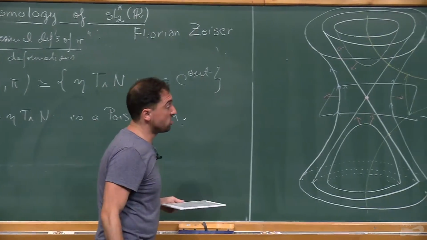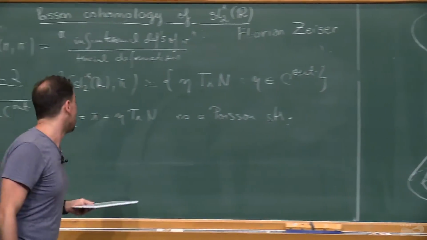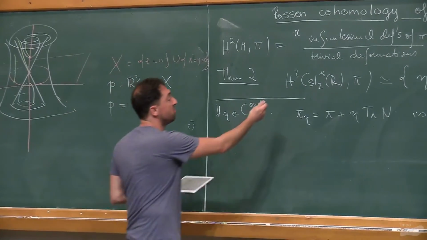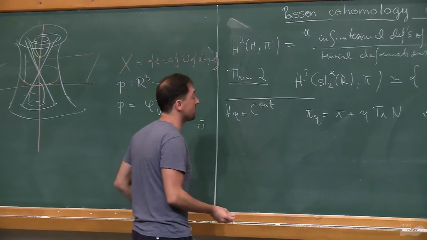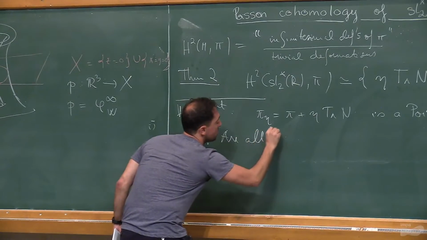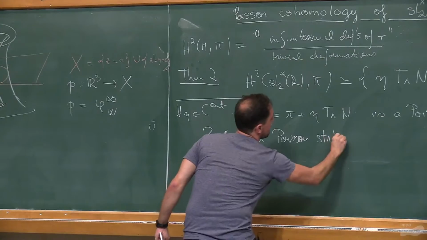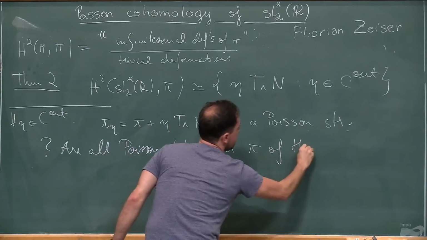But what we don't know is if these are all Poisson structures around pi. So this would be what the infinitesimal calculation tells us, that these are all Poisson structures near pi of this form.